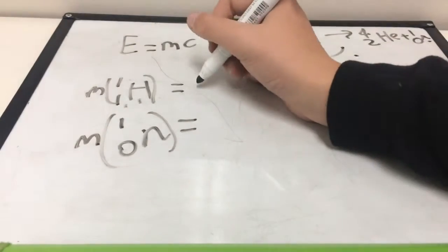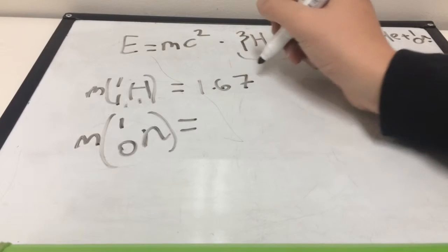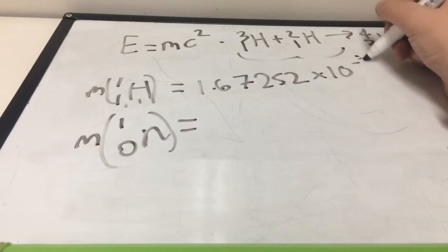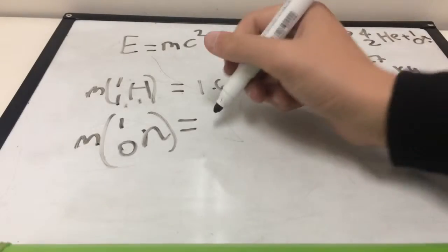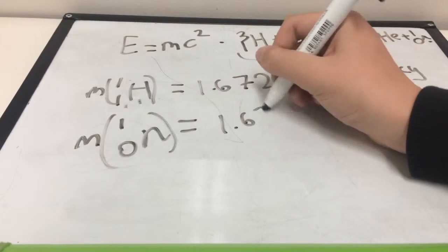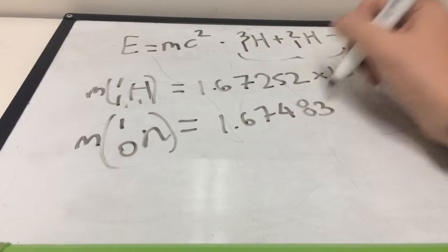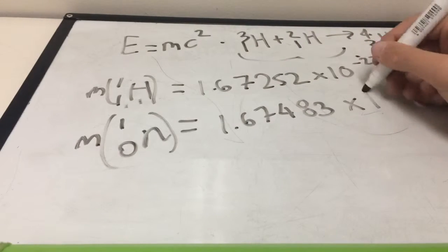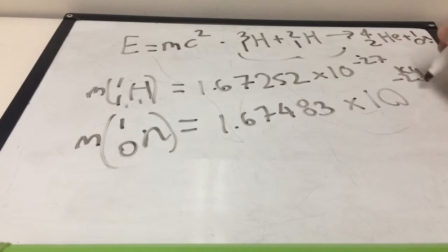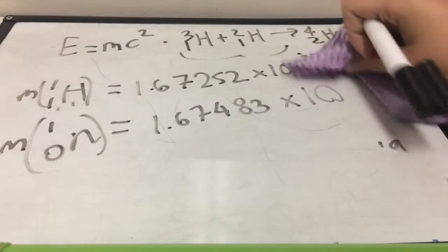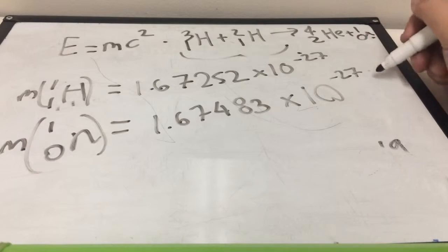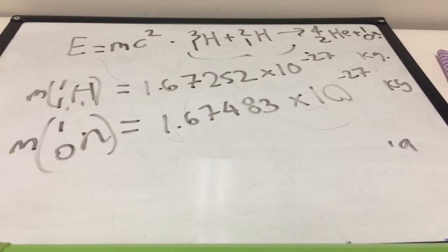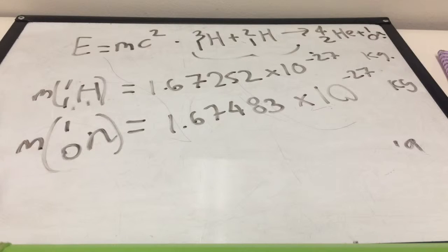The mass of a proton is 1.67252 times 10 to the negative 27 kilograms. And the mass of a neutron is 1.67483. So neutron is slightly more. Actually, more? I think it's less. I don't know. Times 10 to the negative 27. So these are both in kilograms, okay? There you go. That's the mass of proton and neutron.